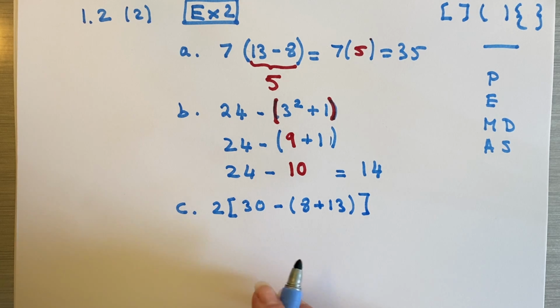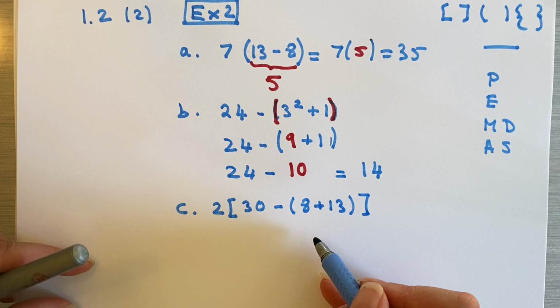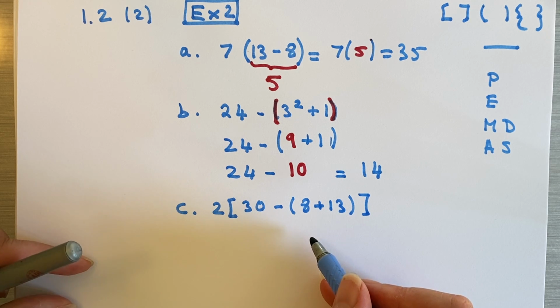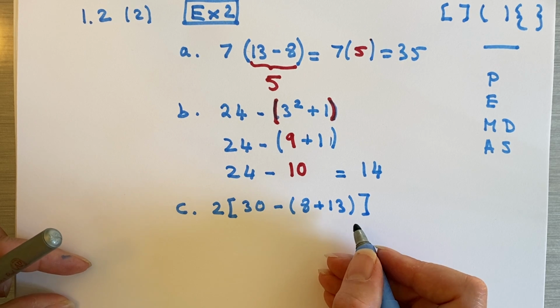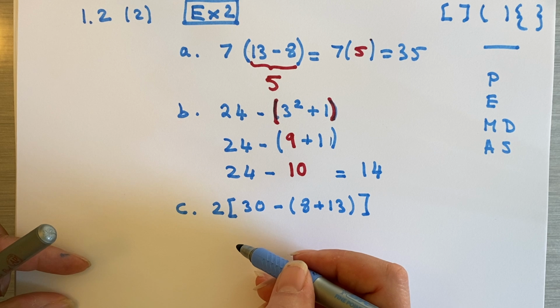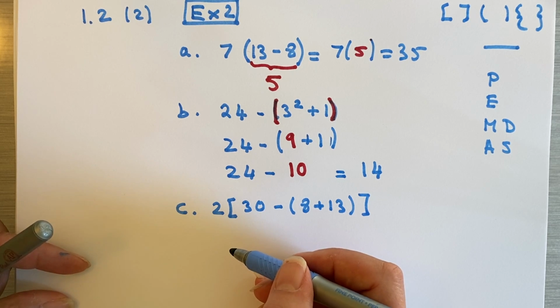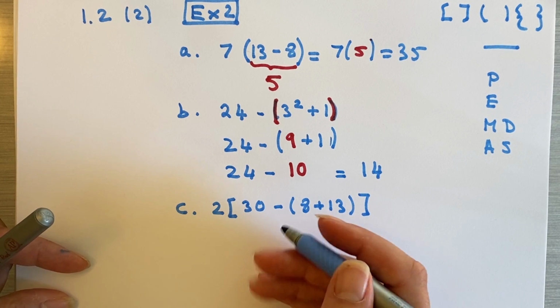When you have more than one set of grouping symbols, you always start with the innermost one. You also have to remember to rewrite everything. Why? Because it's very, very easy to lose track of things. I've been doing this for years and years, and I can do a lot of great mental math, but trust me, if I don't write things down, I will lose them.